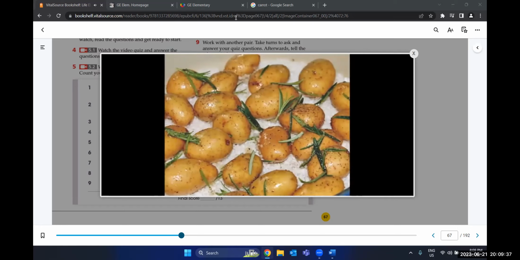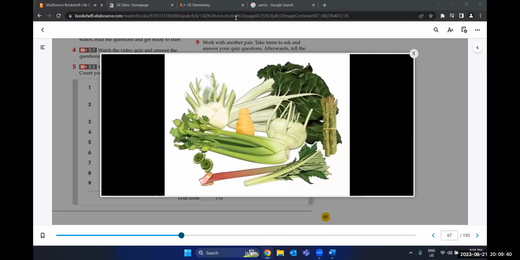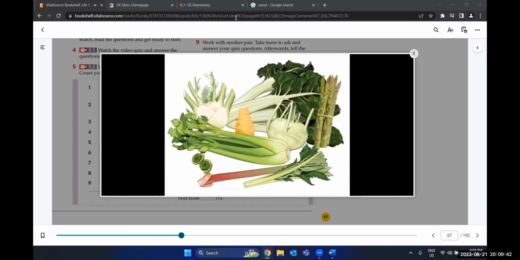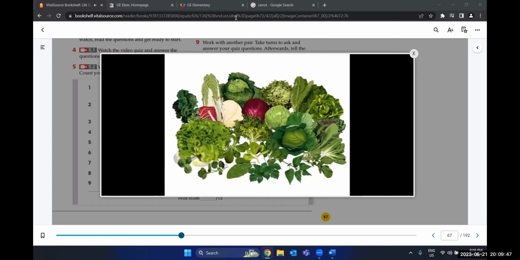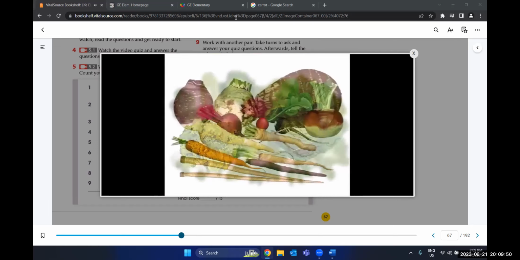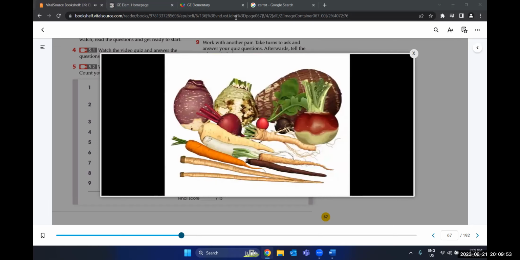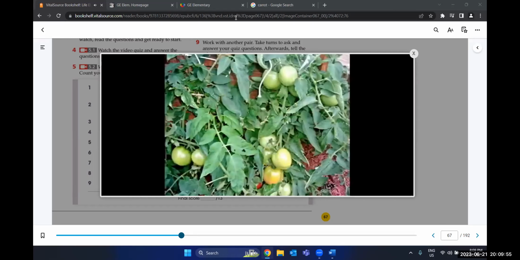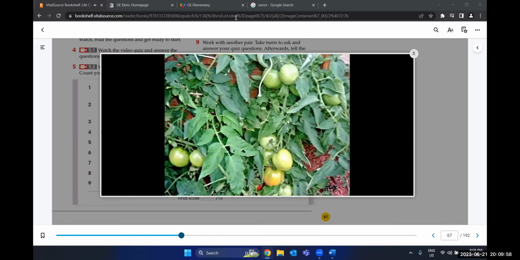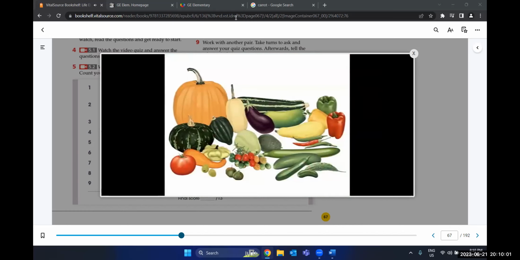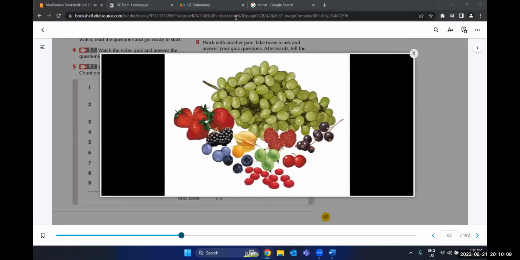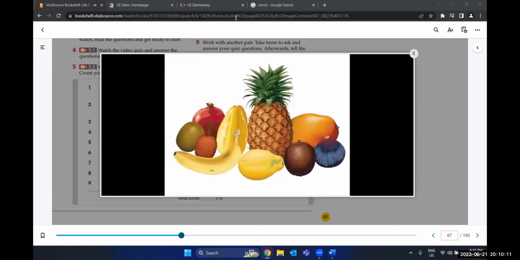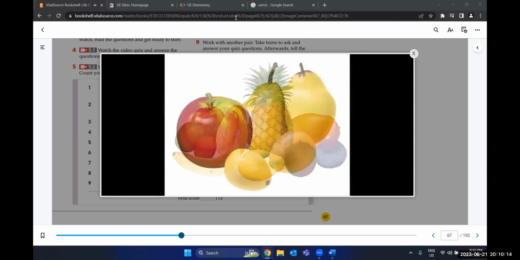For questions 3, 4, and 5, do you eat the stem, the leaf, or the roots of asparagus or celery, lettuce or cabbage, turnip or carrots? Question 6. For 2 points, what are these 2 examples of fruit? And the seventh question is about other types of fruits, like strawberries and grapes, pineapple and bananas, and pears and apples.